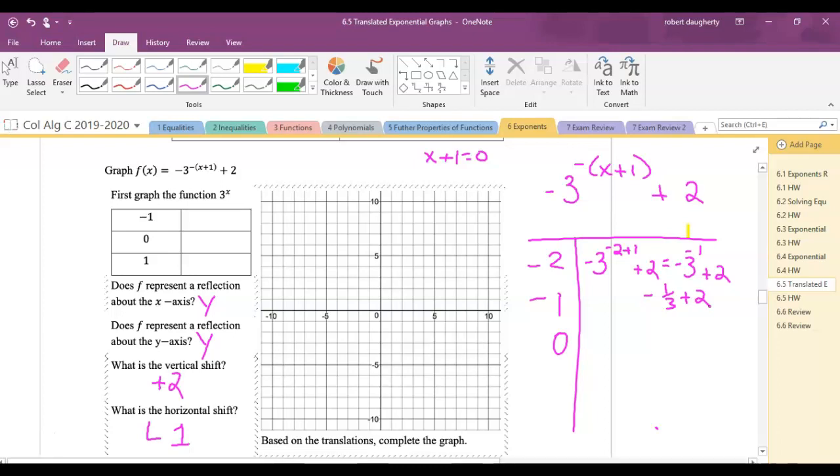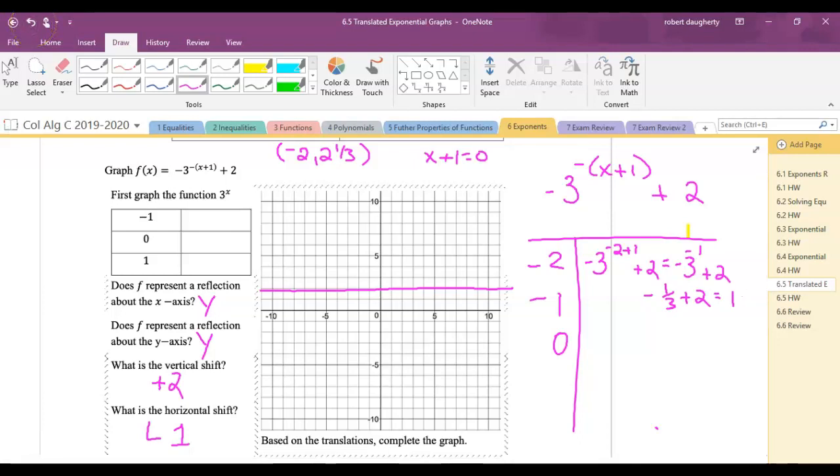Okay. I know this is the end of the day. So this point is negative 2, 2 1/3. That's my first point. Okay. So where's the asymptote here? Y equals 2. Okay. Let's plug in the next value here. So this point gives me what, 1 2/3?